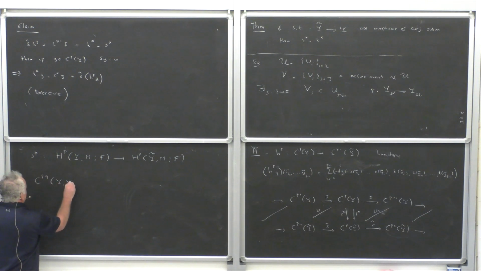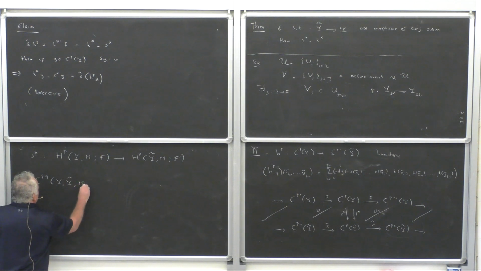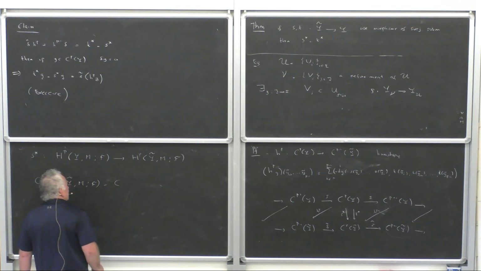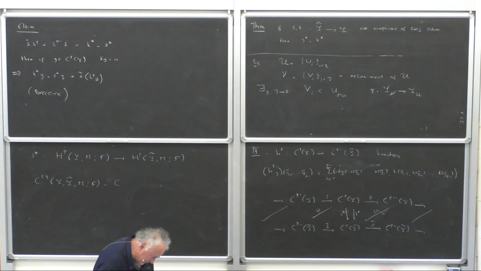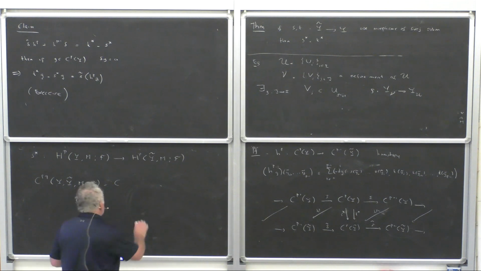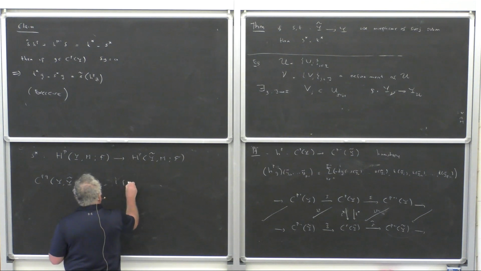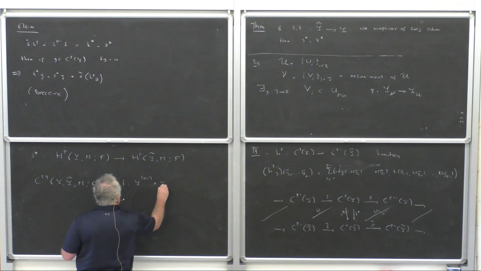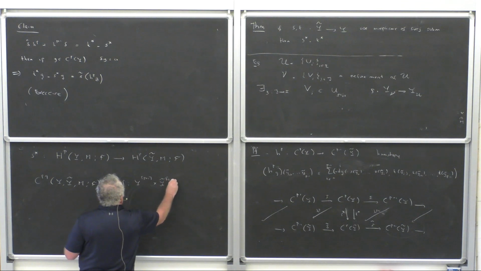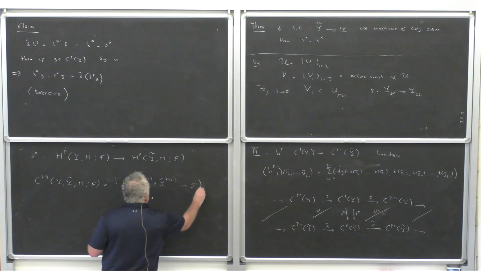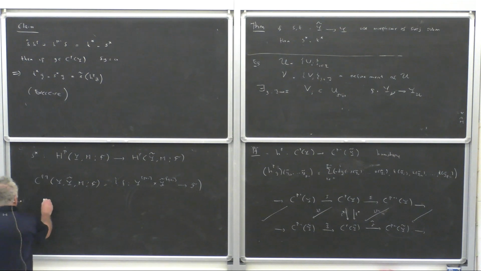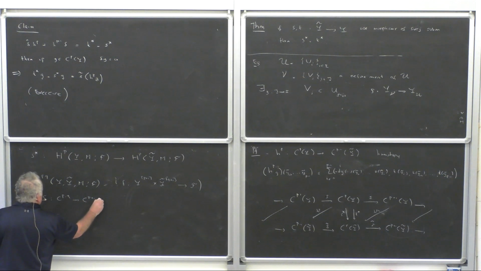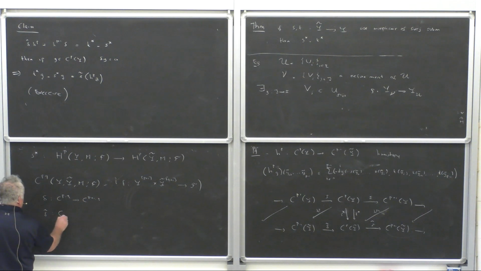So I would define a double complex as functions from p+1-fold copies of the first complex and q+1 copies of the second complex to F. So then I have two differentials: a differential that acts on the first, and a differential that acts on the second.